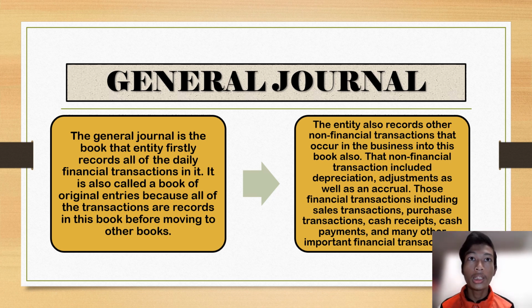The General Journal is the book where the entity first records all of the daily financial transactions. It is also called a book of original entry because all of the transactions are recorded in this book before moving to other books. Secondly, the entity also records other non-financial transactions that occur in the business in this book.